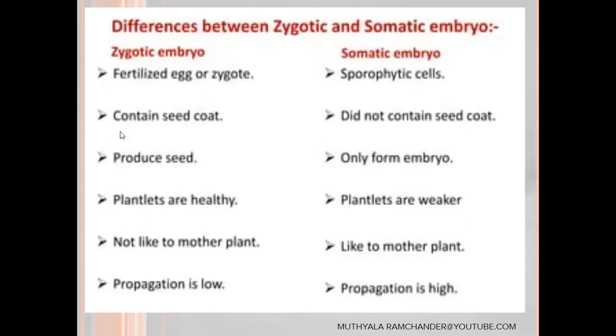The zygotic embryo propagation is very low, and the somatic embryo propagation is very high, because propagation means multiplying plants on the nutrient medium, development of identical plants from the callus. So somatic embryogenesis has high propagation.